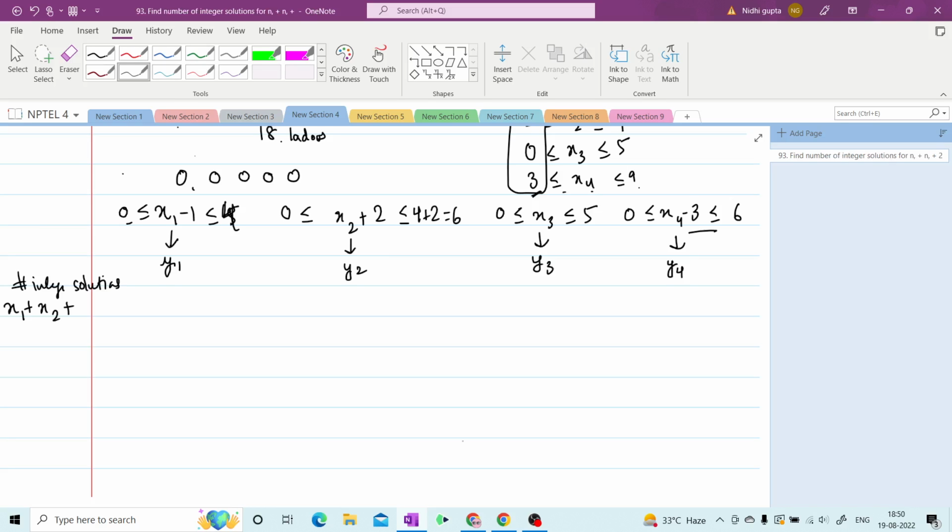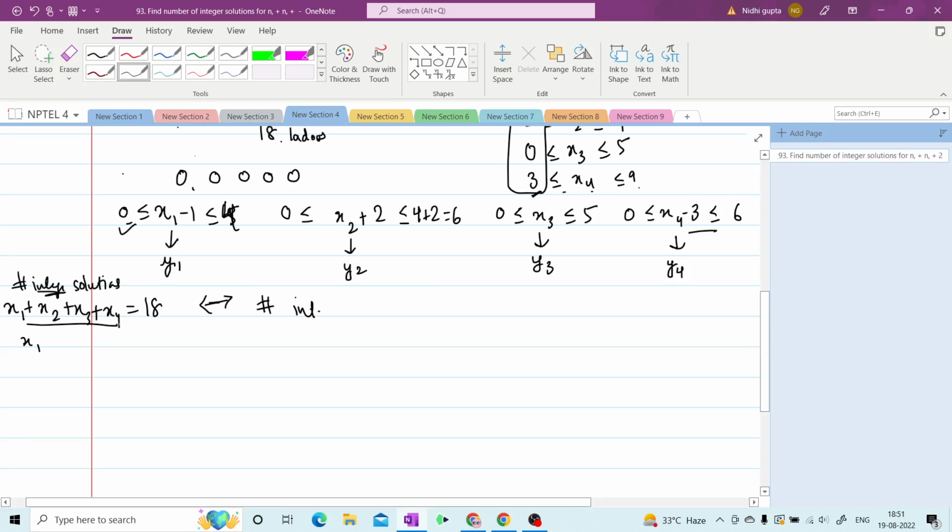So first we are making the lower bound 0. The number of integer solutions for this is the same as calculating the number of integer solutions when we have these lower bounds.